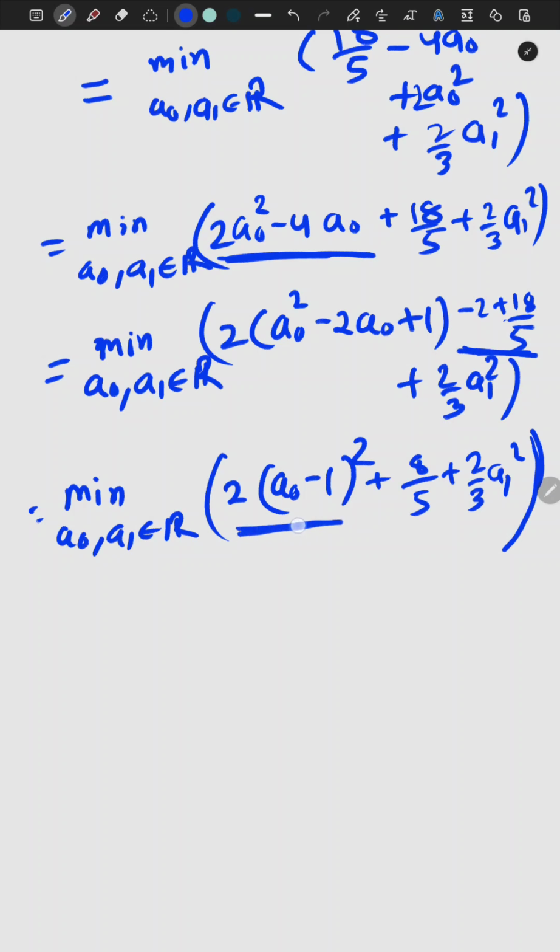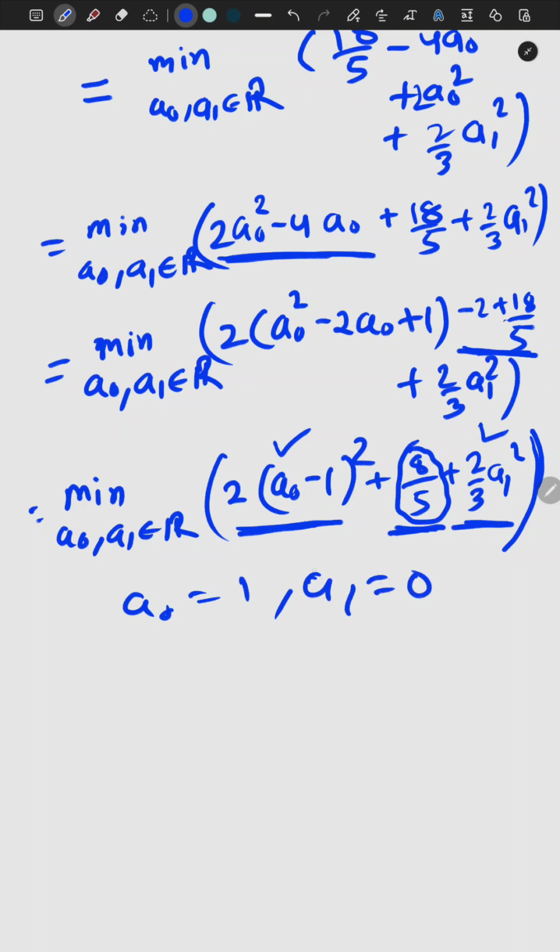This is in square form, so it is non-negative, and this is also non-negative, but this is a constant quantity, we cannot minimize it. In our hand we can minimize this term and this term. This term gives the minimum value 0, and this term also gives minimum value 0, at a0 equal to 1 and a1 equal to 0.